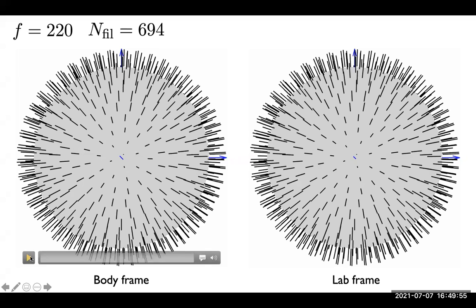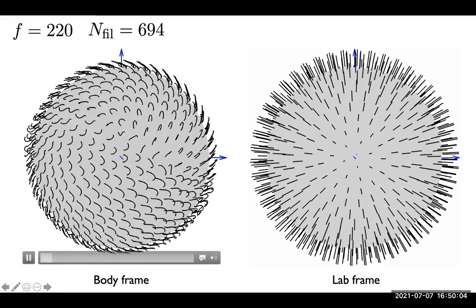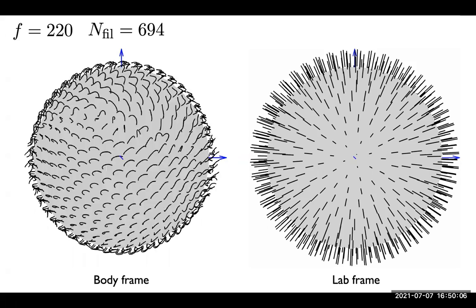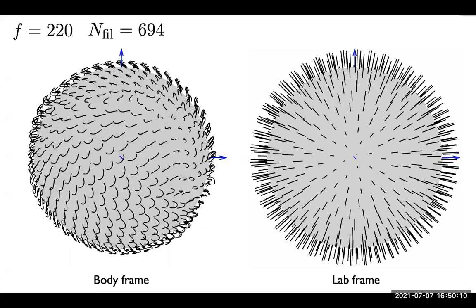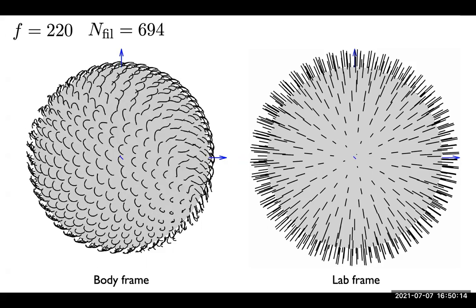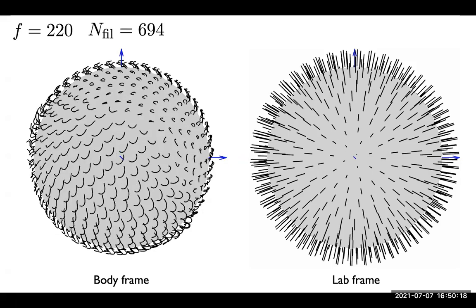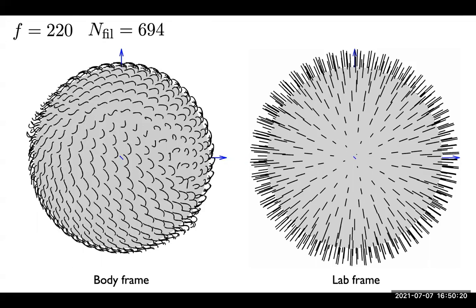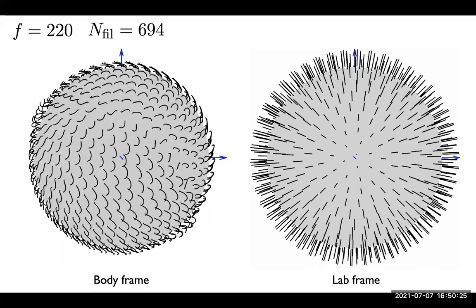And I'll first show you what happens in the body frame, because it's quite interesting to compare the two. Immediately, what you see is something very different from the fixed sphere case, and something that, having looked at the bifurcation diagram earlier on, you might associate with a lower forcing value. You see a bunch of whirling filaments.